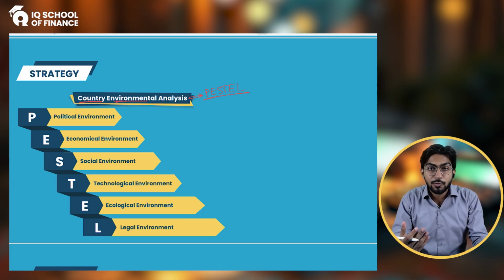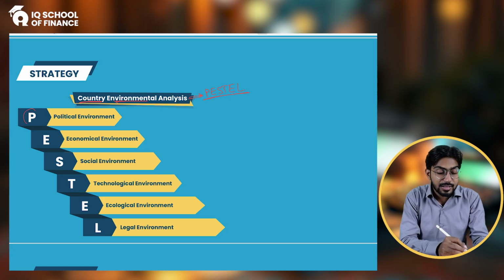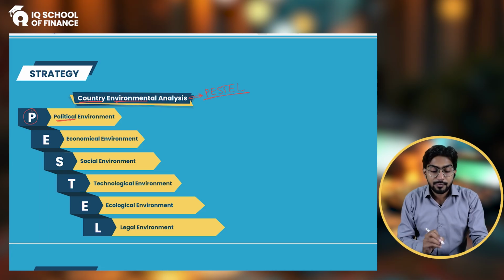Obviously, you will get to know this by the end of this lecture. But let me tell you a very quick reason how this PESTEL analysis helps us. Because when I talk about the PESTEL analysis, it means that P stands for political environment, E stands for economic, S stands for social, T stands for technological, E stands for ecological, L stands for legal environment, right?